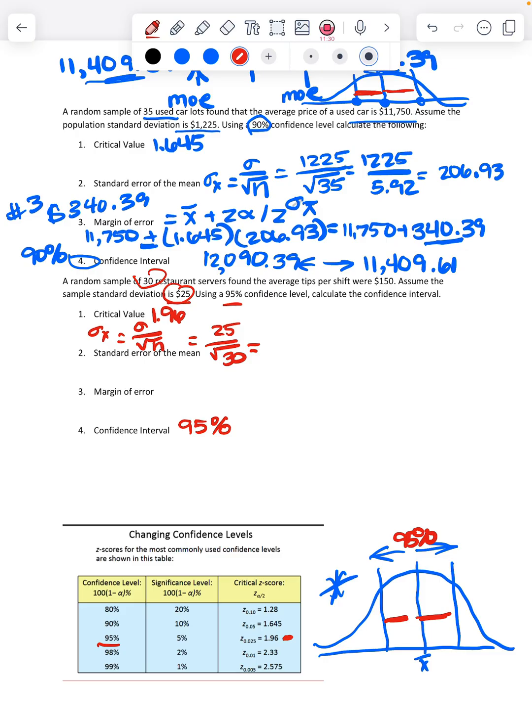So my standard error is going to be, if I find the square root of 30, we've got 25 over 5.48, okay? And then if I divide that, you should get 4.56 as your standard error.